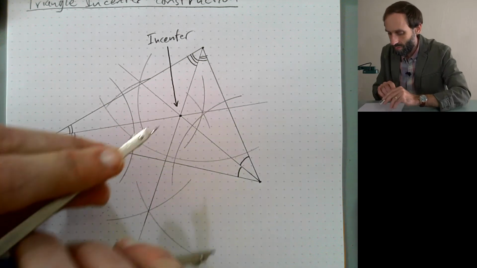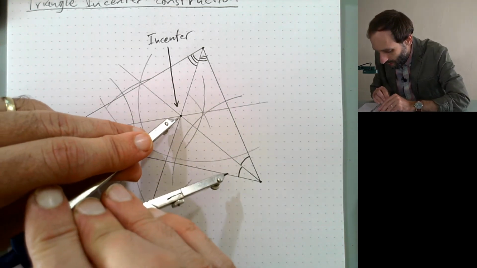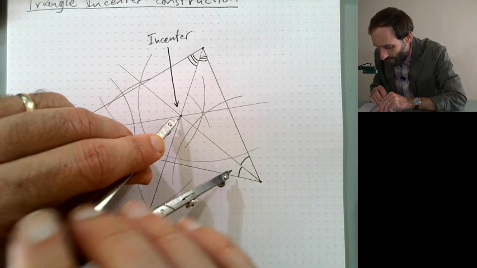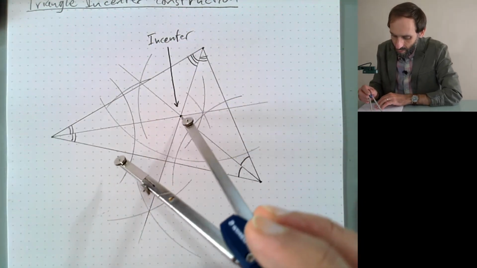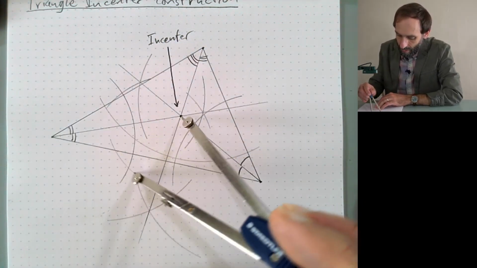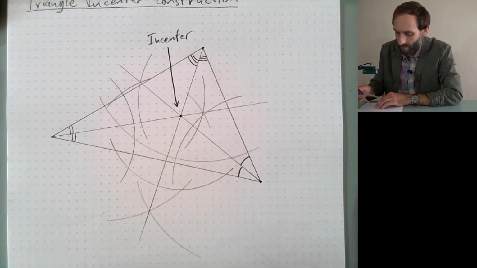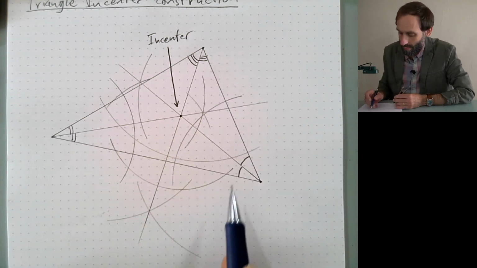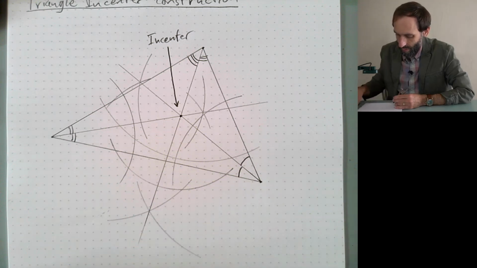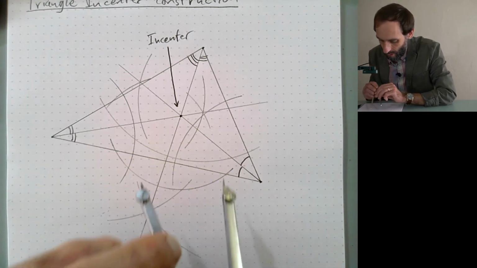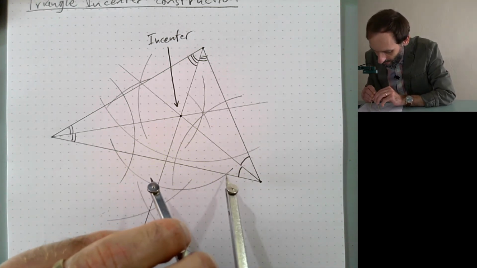So the construction for dropping a perpendicular starts by centering the compass at the point you're dropping the perpendicular from, and then we draw an arc across the line that we're dropping the perpendicular to. This gives us these two intersection points, and now I need a perpendicular bisector.